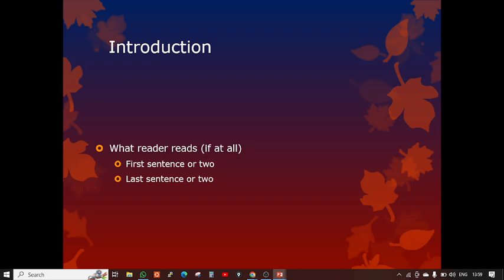What do readers read? See, if you write an introduction section of 2 pages, there are 4 or 5 paragraphs in the introduction section. So as a reader, the first two sentences of the introduction section are very important, and the last two sentences. I may say not two sentences, the first paragraph and the last paragraph of the introduction section.